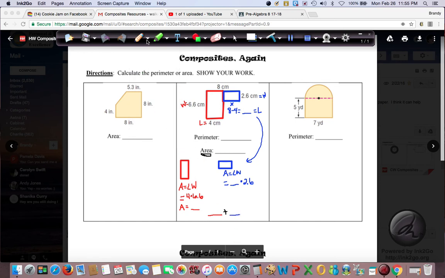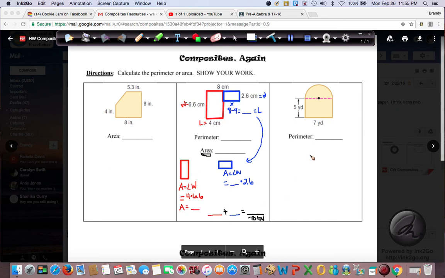And that will give us our total area. And I'm going to just write total. Okay, and that's what you would write in the line for area right here. So you split it into two shapes when you're working with area. Find the area of each and then add them together.